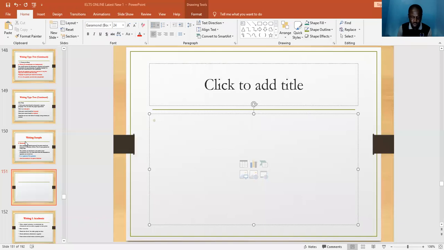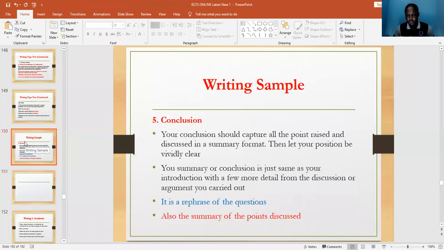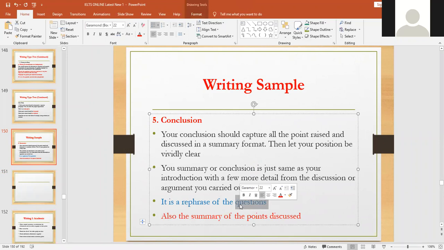Let me go into how to write this conclusion. The two last things that I said summarize just what I said. I said your conclusion should capture all the points raised and discussed in a summary format. Then let your position be vividly clear. If it's a case of what is your opinion, try to re-emphasize it again.